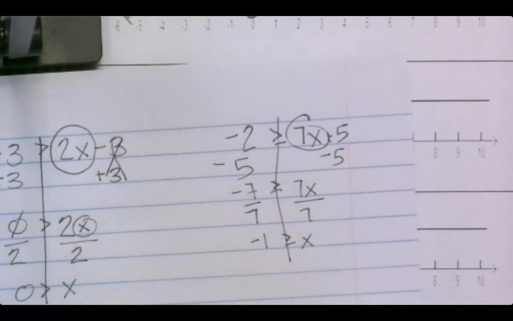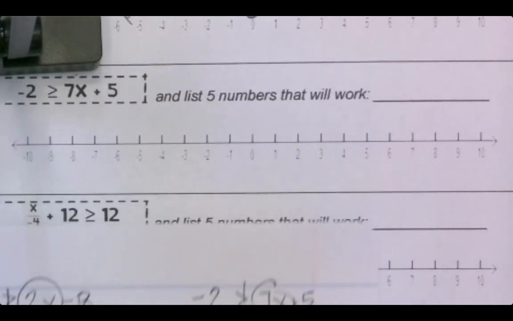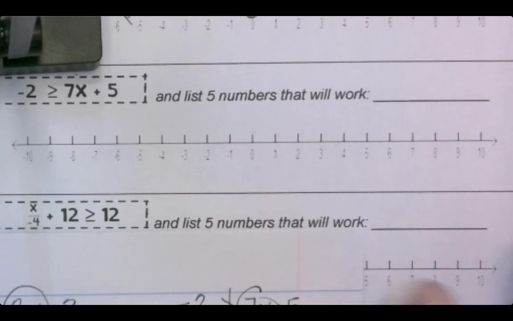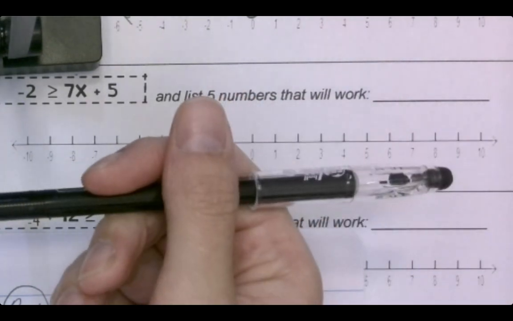Now what we're going to do is pause again, and I want you to tell me where I'm putting the circle. That'll be the first question. And the second question is, which way is the arrow going to point? Is it going to point to the right, or to the left?